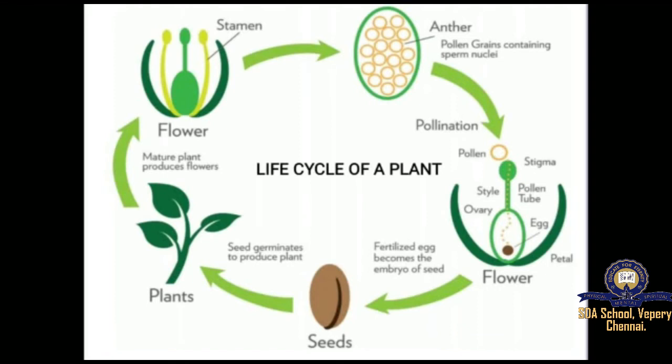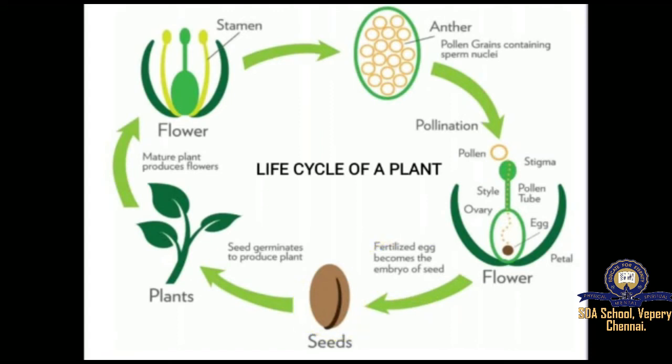So when the pollen grains reach the stigma of the same flower or of a different flower by pollination, it travels through the pollen tube and reaches the ovary, and then it fertilizes, and the fertilized egg becomes the embryo of the seed.